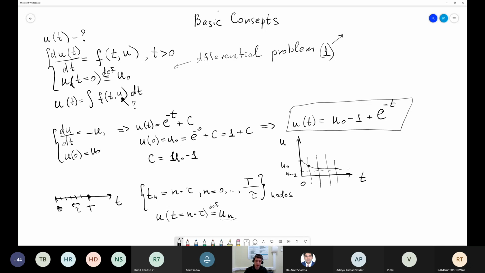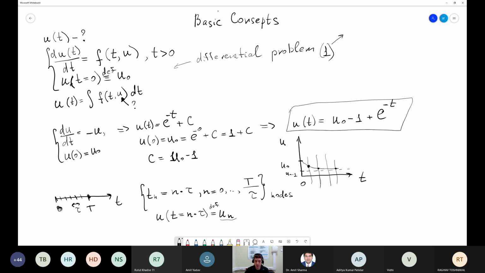Let's introduce some scheme, some algorithm, to calculate some approximation of these values. We can use different approaches, like the finite difference method, finite element method, finite volume method, spectral element method, and many others. But in general, we can simply guess some iterative formula and then prove this formula will give us the correct solution of the initial differential problem, because our goal still is to solve the initial problem.